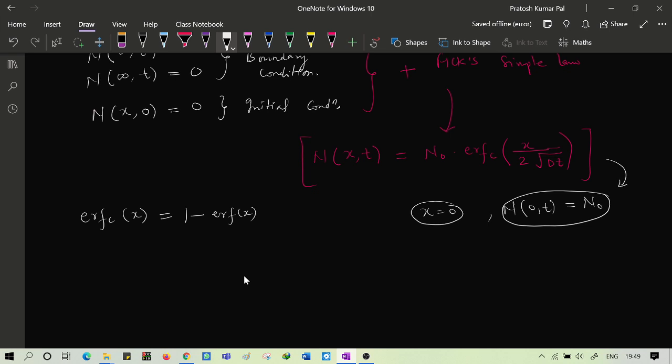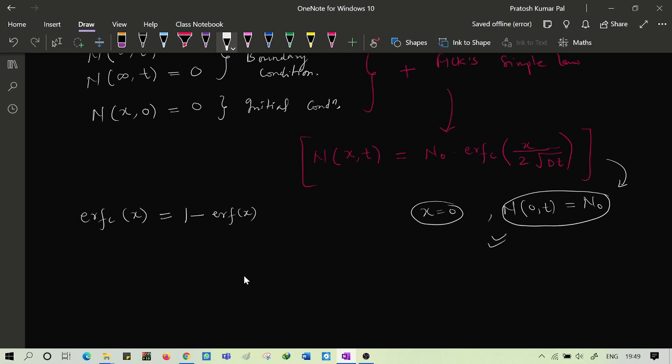At x equals 0, that we have considered as a boundary condition, it satisfies the boundary condition. So this is the relation of the concentration of dopant with respect to time and diffusion depth.